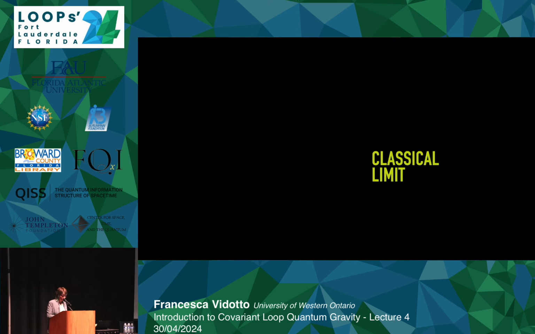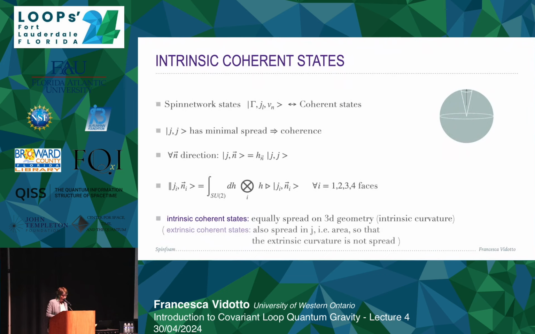Of course, the classical limit can mean many different things, and we have seen also the fact that, for instance, at the kinematical level, we have already a sense in which we can approximate classical space-time by taking coherent states.